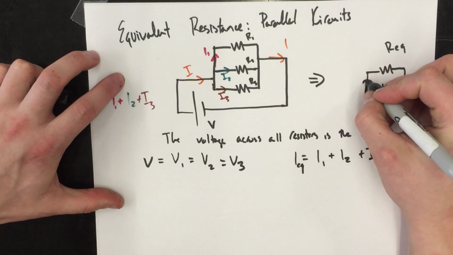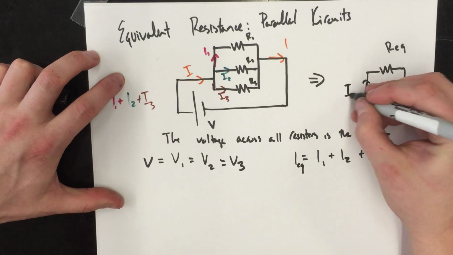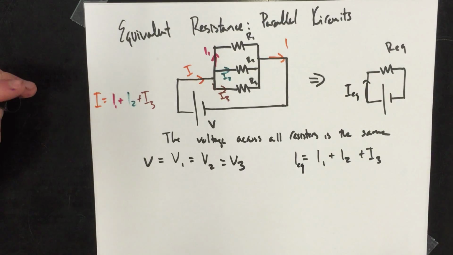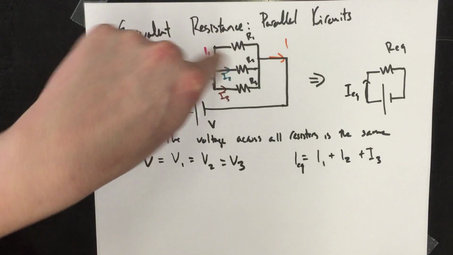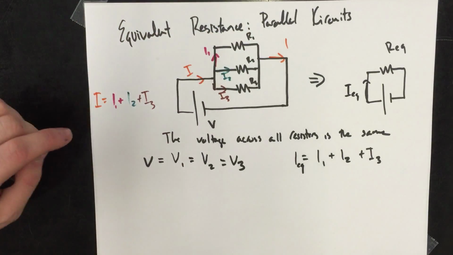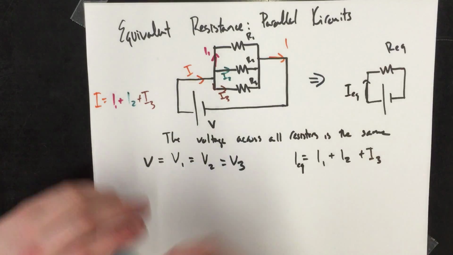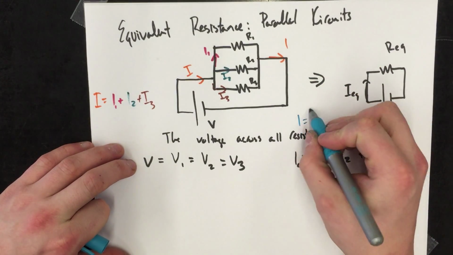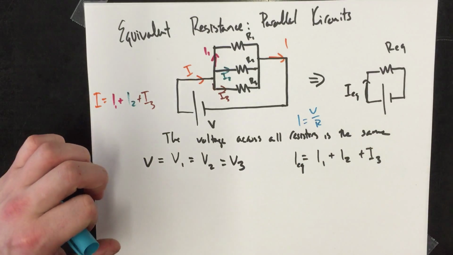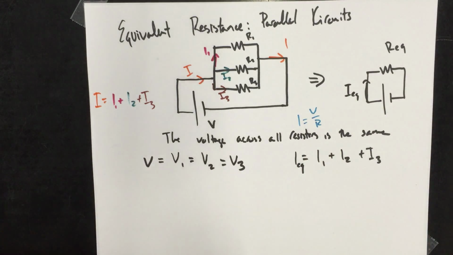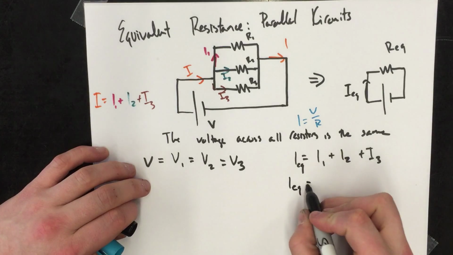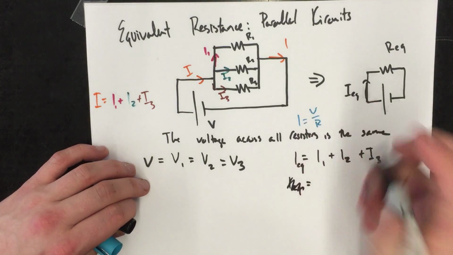It's going to be the current flowing this way, I equivalent, which is the sum of all of the currents flowing through this parallel section. Well, if I use Ohm's law, which is I equals V over R, I can plug in some values here, and I get that the equivalent current is, actually let's plug it in even for that.